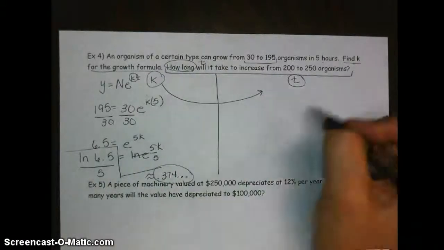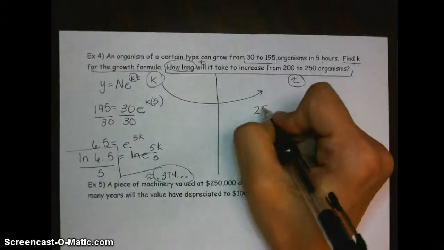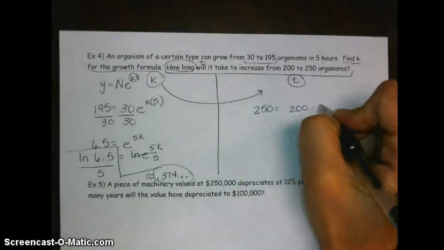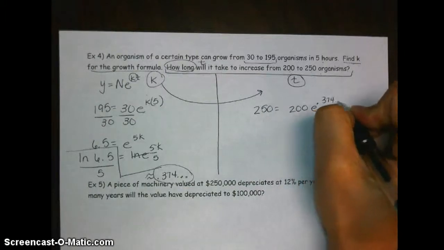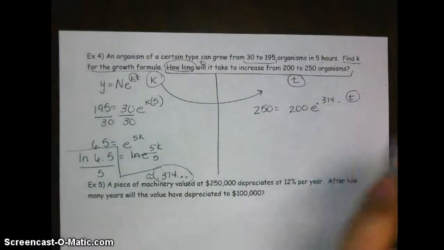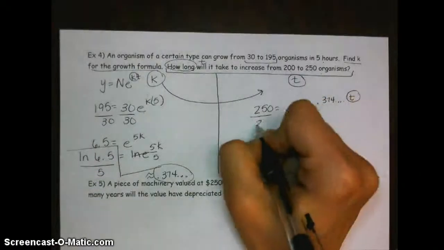All right, so for my second part, how long will it take to increase from 200 to 250? So 250 is my ending amount, 200 is my starting amount. I have a k value, it's 0.374..., and I'm looking for time this time. So again, we're going to isolate the term that has the power.